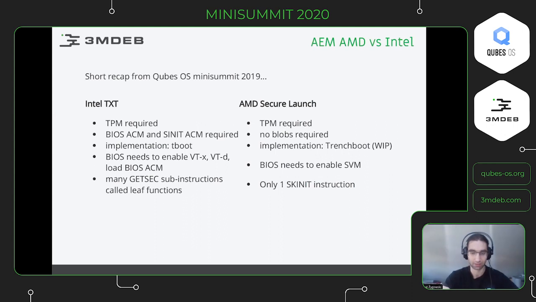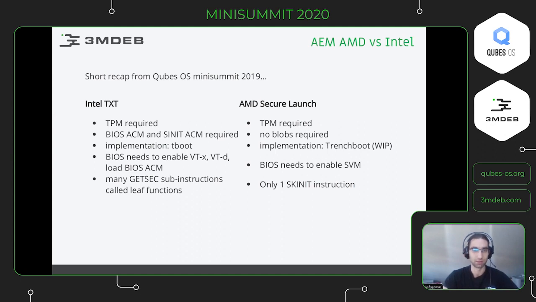So, a short comparison of how the DRTM looks for Intel Silicon and AMD Silicon. Of course, for both hardware vendors, TPM is a mandatory component. And for example, Intel TXT requires certain code modules to be executed.